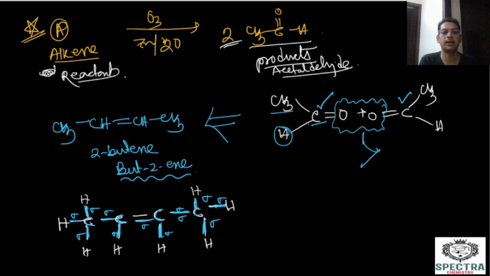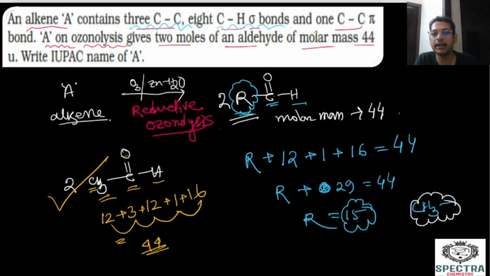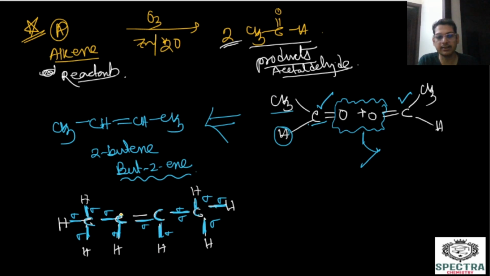Now let me change the color. And 1 CC pi bond. Let's see. Yes, sir, this CC has multiple bonds, so one is sigma, the other one is pi.